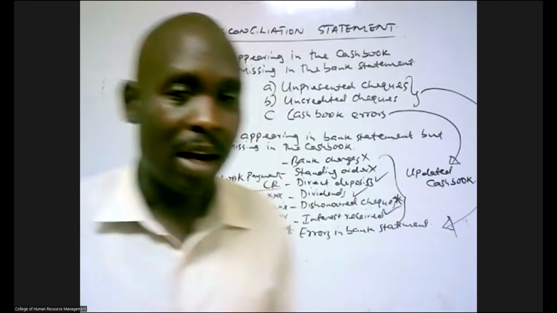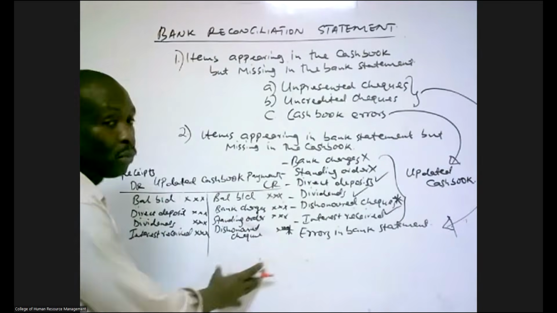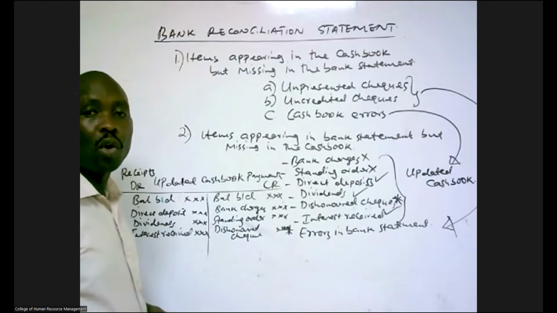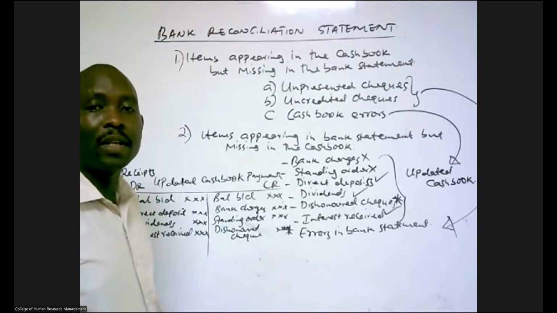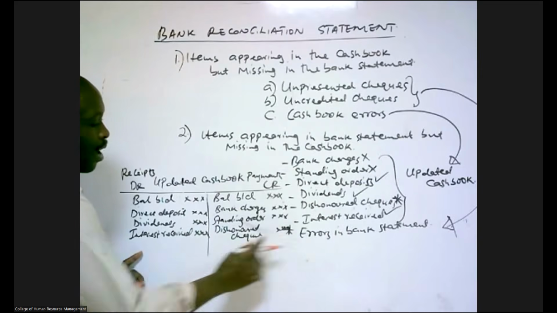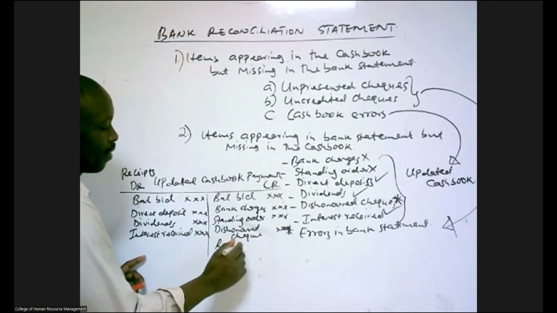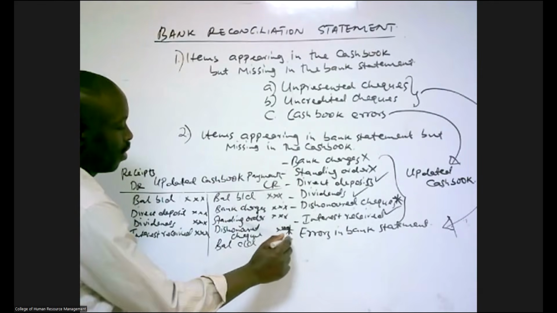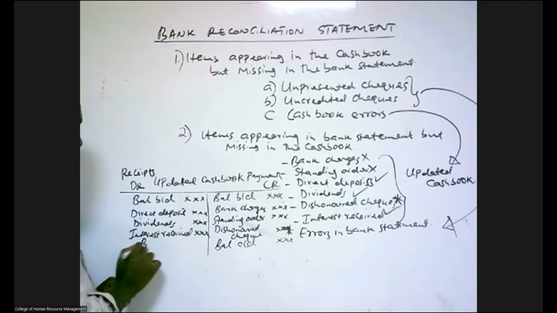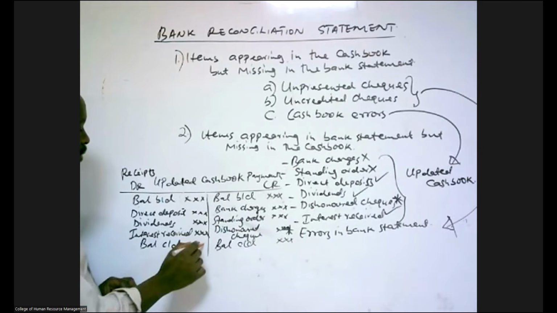Once that is done, you are going to balance your cash book so that you can get the correct balance for your cash book, what we call balance as per the updated cash book. So if this side exceeds this side, we are going to have that balance carried down here. Or if the credit side exceeds the debit side, that balance will appear here.